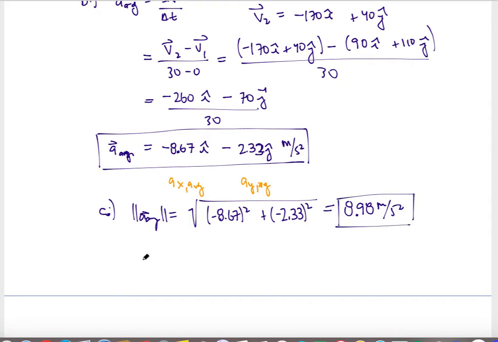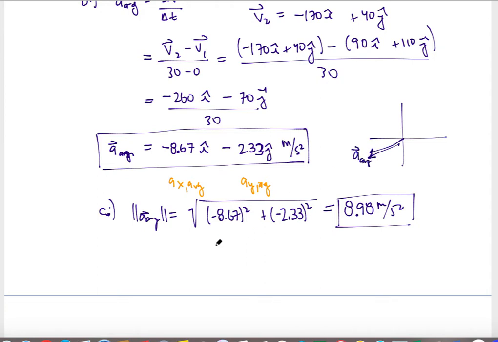And the direction works just like we would for velocity. So real quick, if we sketch my acceleration vector, it should be to the left 8.67 and down 2.33. So this is approximately my average acceleration vector.